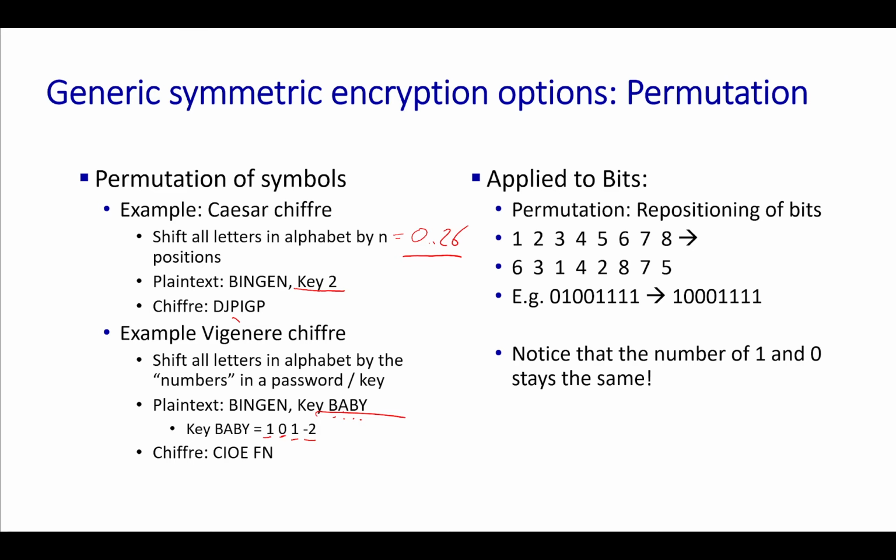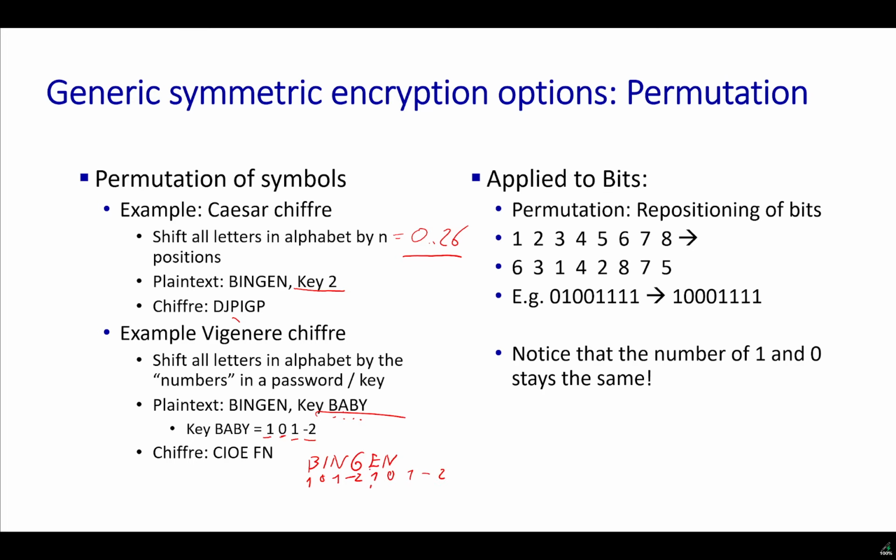Now we apply this rule to the word Bingen. To the first letter it's +1, to the second it's 0, to the next letter it's +1, then -2, and then again 1, 0, 1, -2, and so on.